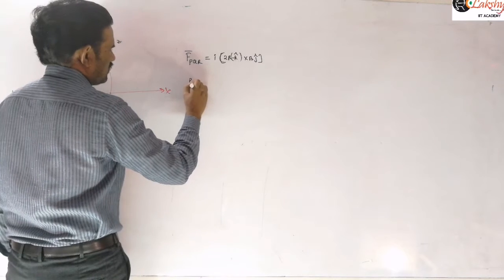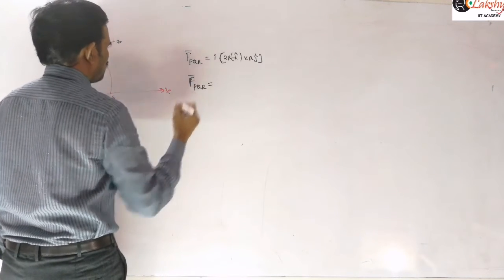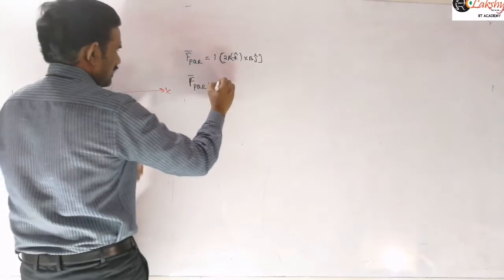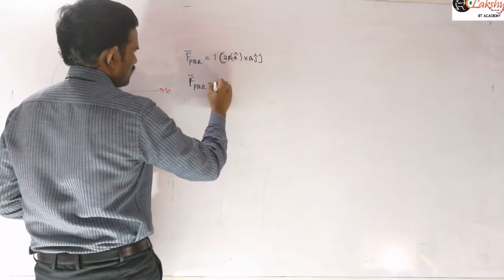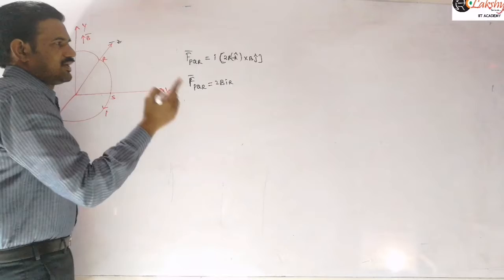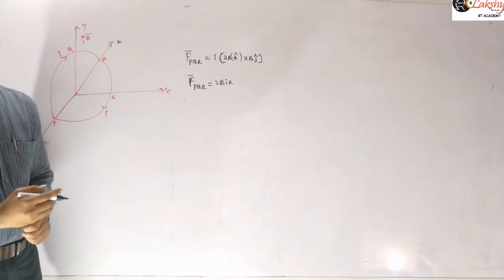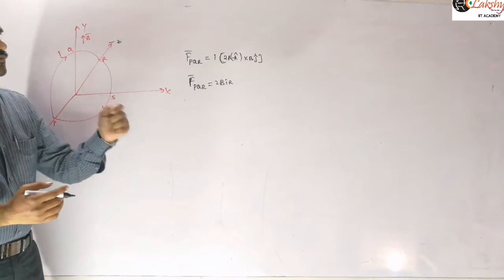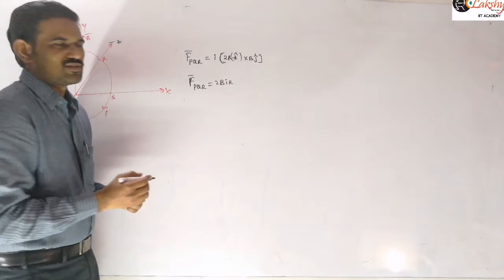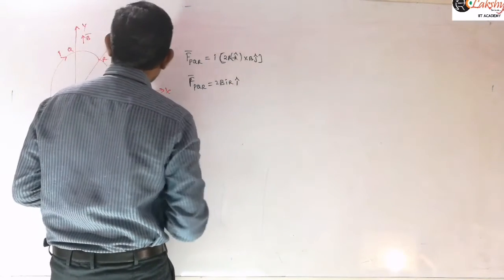And so therefore this F bar for PQR is equal to, you may write that as 2BIR into k cap cross j cap. So j cap cross k cap is i cap, and k cap cross j cap is minus i cap, so the force will be along i cap, you will get, right?